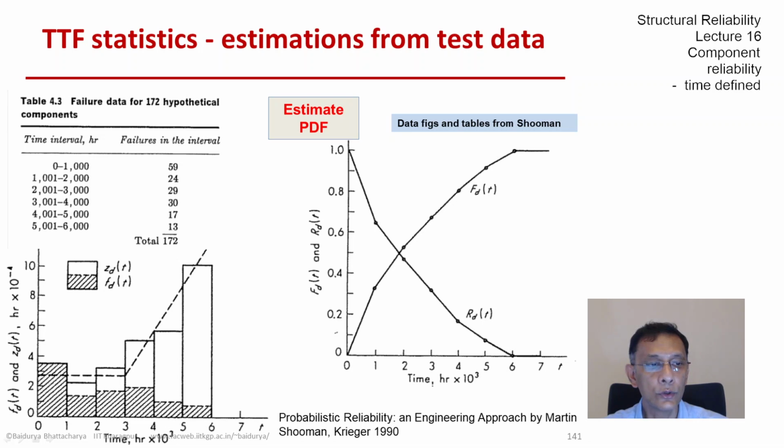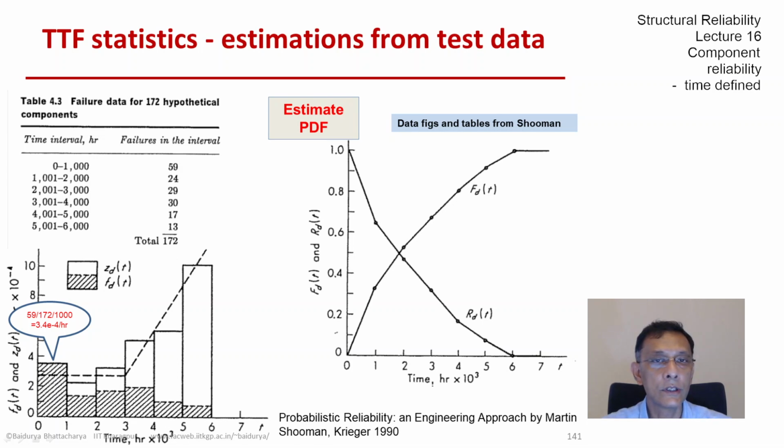According to the author's nomenclature, D stands for the hazard function and small ft stands for the density function.